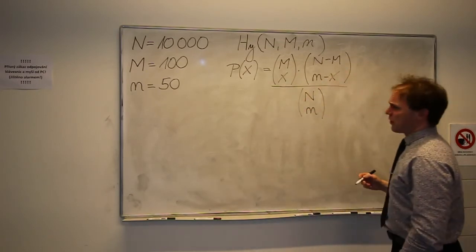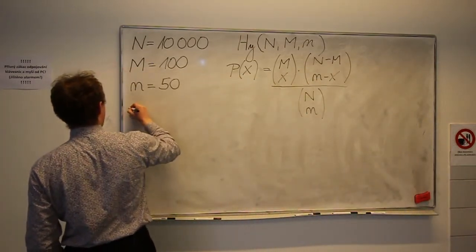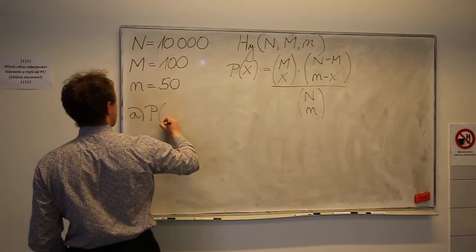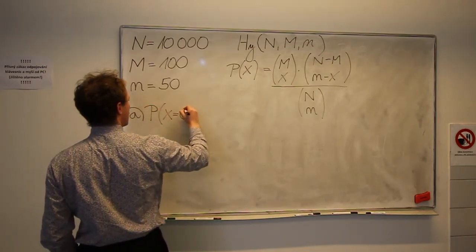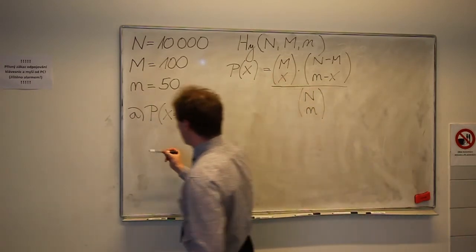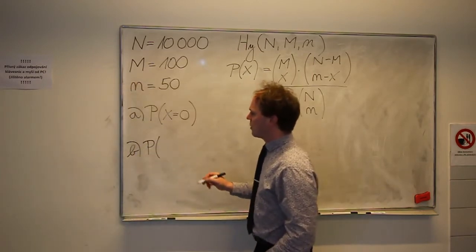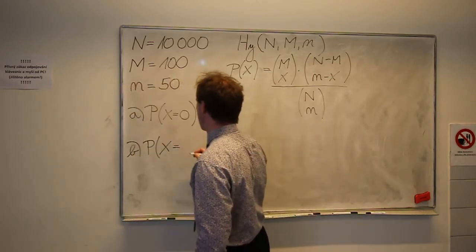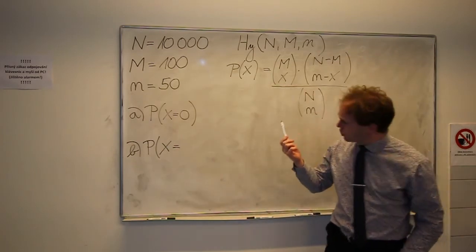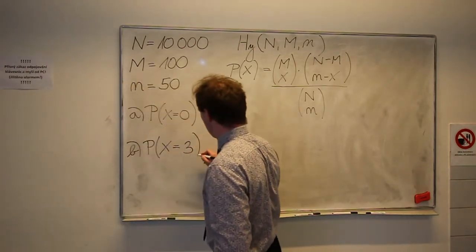So this is the probability function, and we already know that we would like to calculate probability A, that the random variable X will be equal to 0, nobody left-handed. And probability B, that the random variable X will be equal to 3, am I right? I will check it here in my Excel. Yes, exactly 3 left-handed persons.